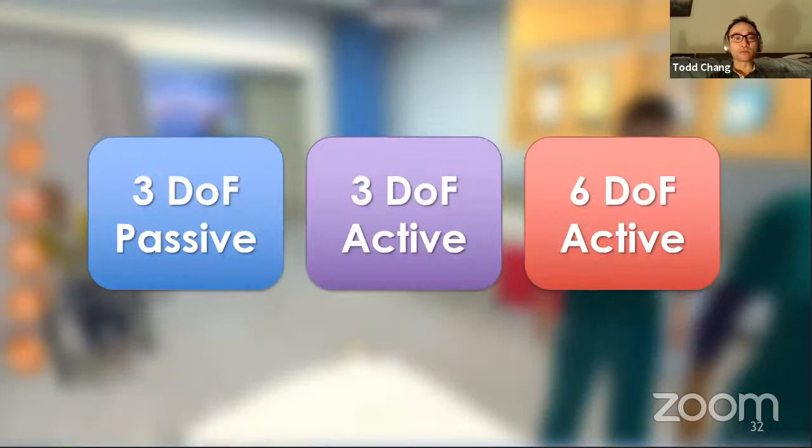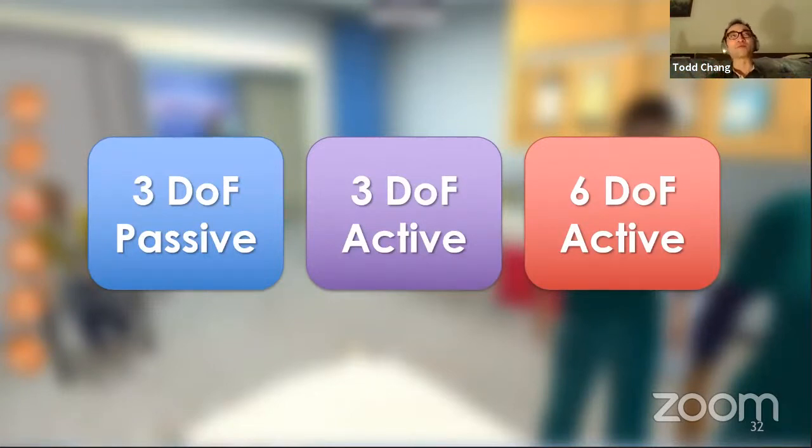Okay. So with the different hardware devices, some of it will be 3 degree of freedom passive. In other words, you cannot stand up. It's there for you to consume, just like a movie, and you can watch things as they happen. There's a 3 degree of freedom active. You still have to sit down. You consume it like a movie, but you can kind of interact with the movie if you need to. And then there's the full scale where you can run around.